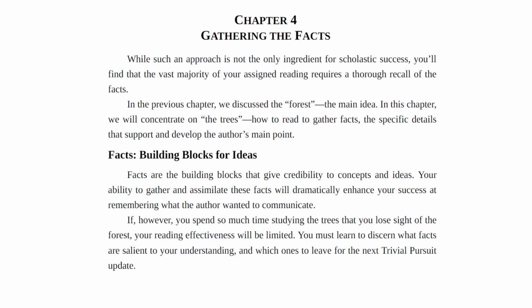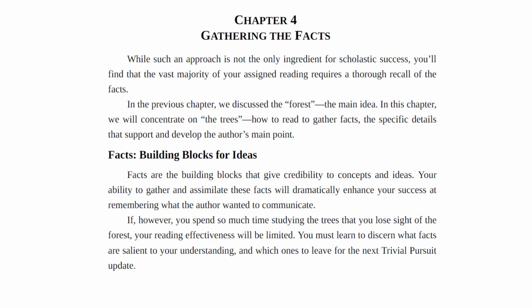Facts are building blocks that give credibility to concepts and ideas. Your ability to gather and assimilate these facts will dramatically enhance your success at remembering what the author wanted to communicate. If, however, you spend so much time studying the trees that you lose sight of the forest, your reading effectiveness will be limited.